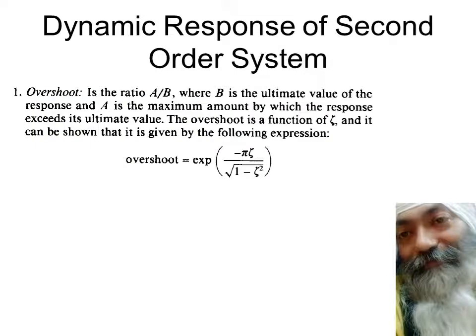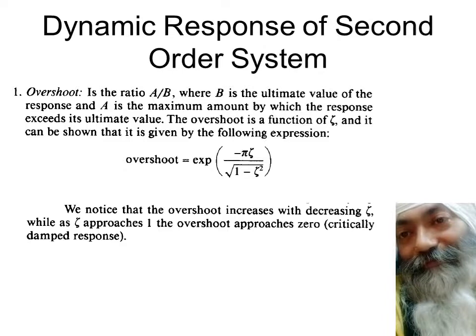Coming to the overshoot, as I said, it's a ratio A by B. B is the ultimate value, A is the maximum amount. This ratio A by B is called overshoot. This overshoot is a function of zeta, and the lesser the zeta, the more the overshoot, as you can see from the expression over here.